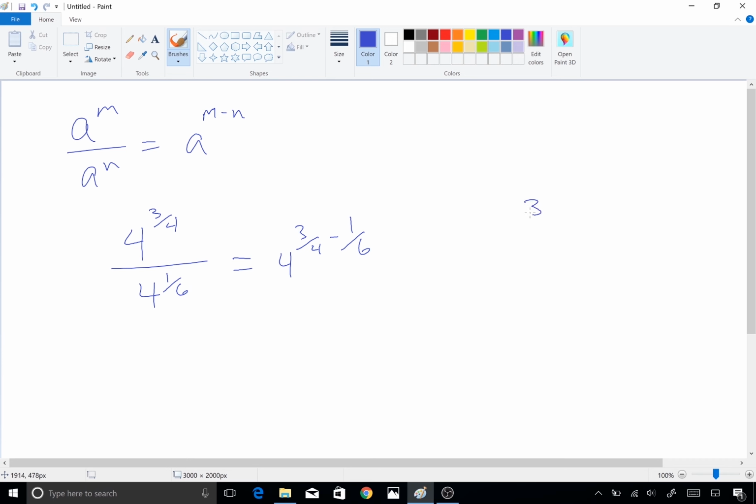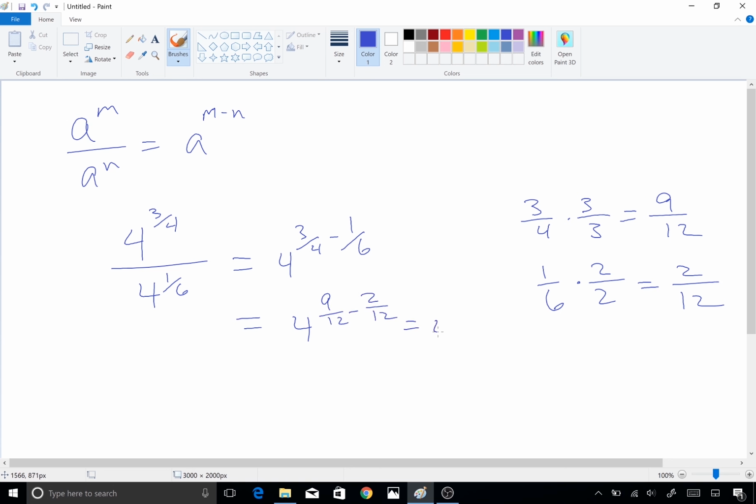That would be 3/4 times 3, 3. And 1/6 times 2, 2. Four to the 7/12. And that's the 12th root of 4 raised to the 7th power.